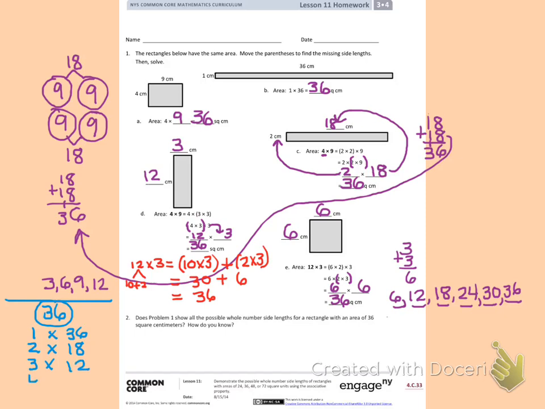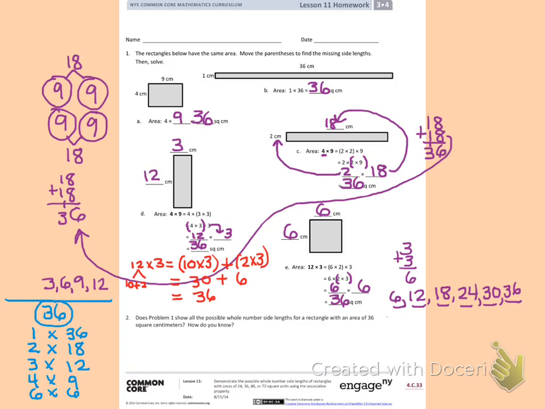I know that 4 times 9 is 36. 5 doesn't go into 36 because all multiples of 5 end with a 5 or a 0. 6 times 6 is 36. 7, no, 7 doesn't go into 36. 8, no, 8 doesn't go in 36.